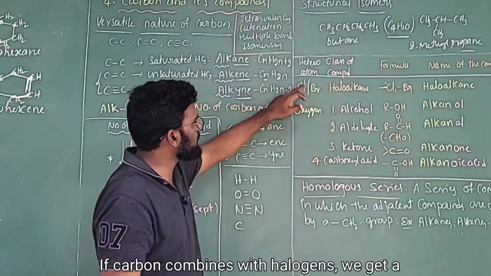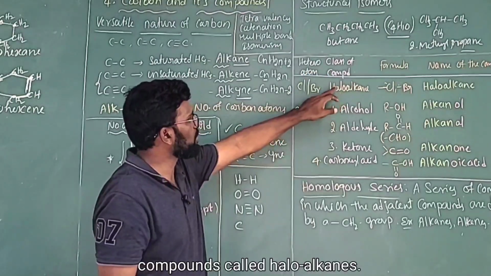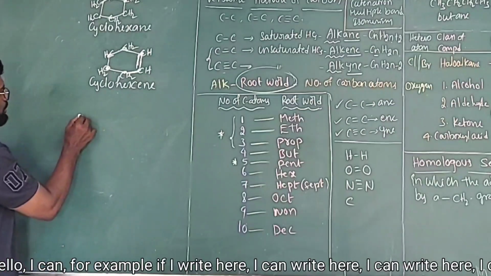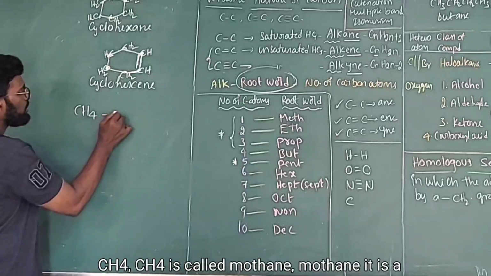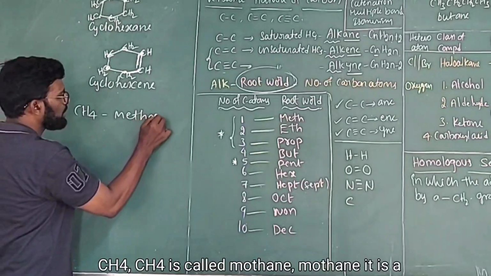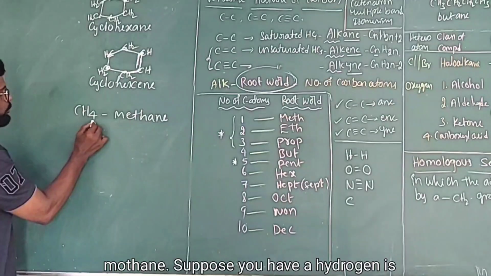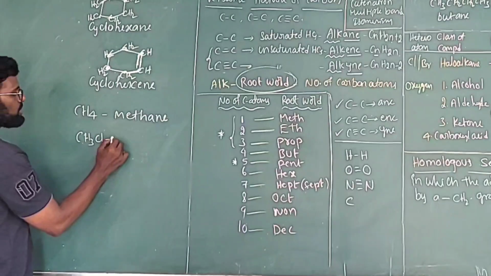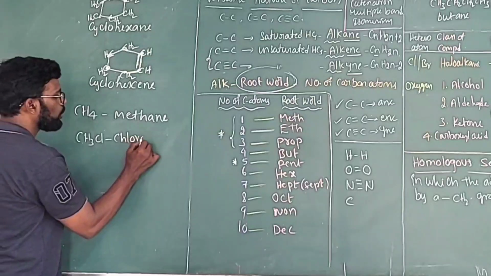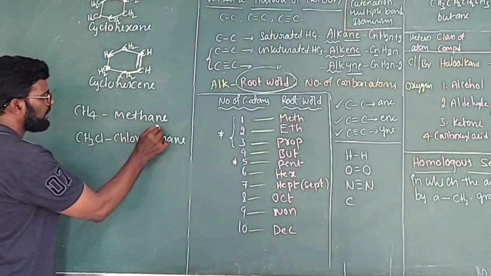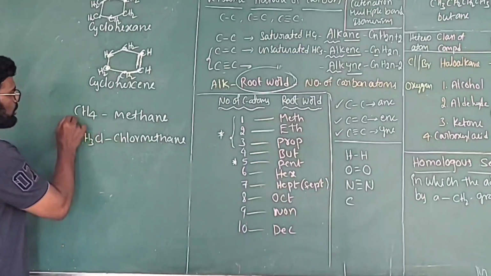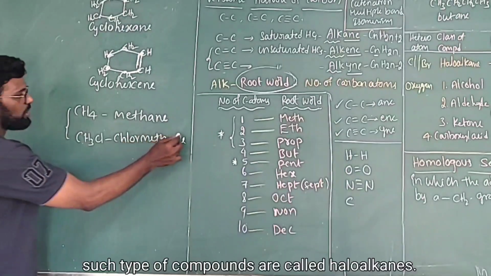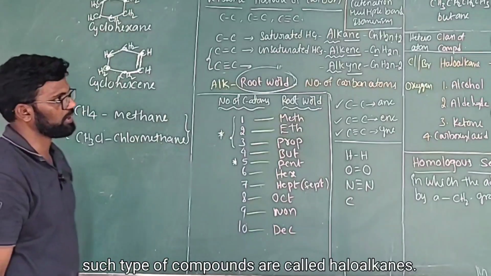If carbon combines with halogens, we get compounds called haloalkanes. For example, CH4 is called methane. It is an alkane. Suppose here one hydrogen is replaced by chlorine, then it becomes CH3Cl. This is called chloromethane. An alkane becomes a haloalkane. When hydrogen is replaced by any halogen atom, such compounds are called haloalkanes.